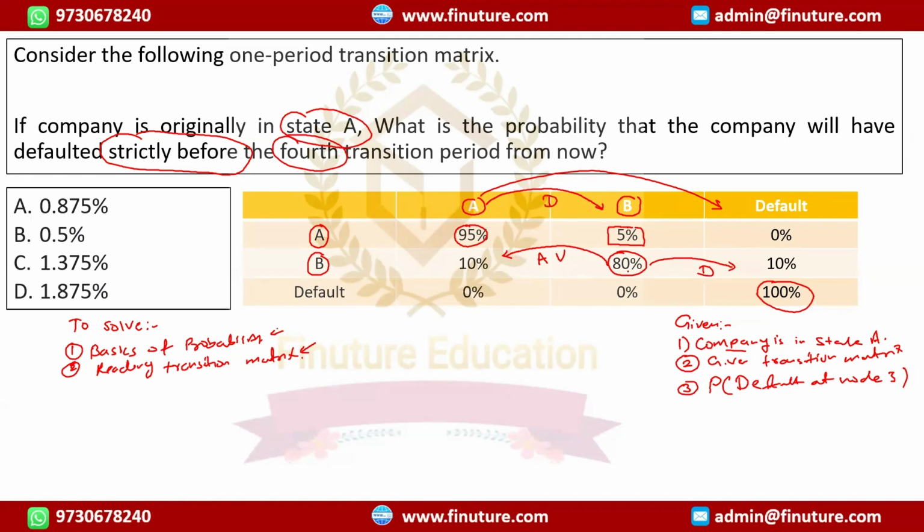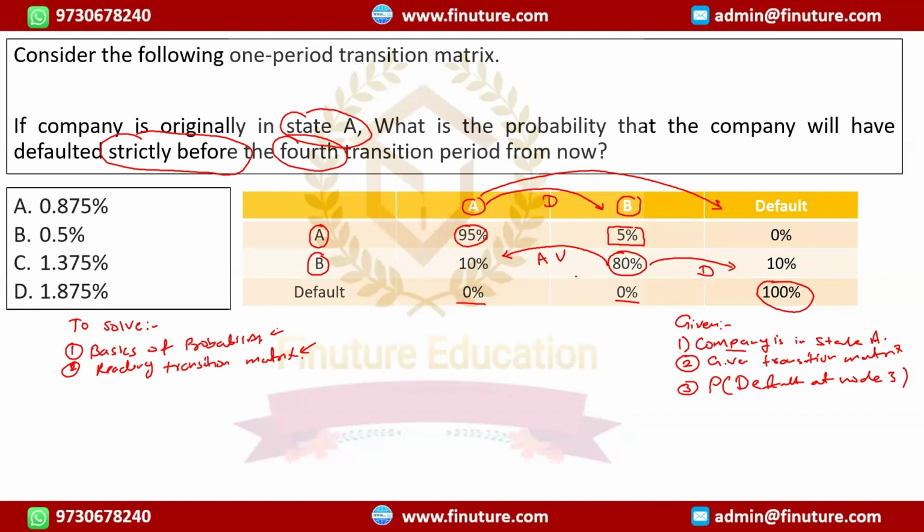And last one, the one that is already in default has a 0% probability to get upgraded to B, and to get upgraded to A is also 0% chance. So this is how you read the transition matrix.